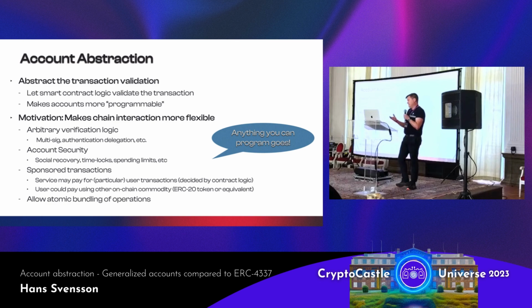Basically the idea is to let a smart contract validate transactions, and this will make accounts more programmable. And there's a bunch of different goals and ideas which you want to achieve with account abstraction.